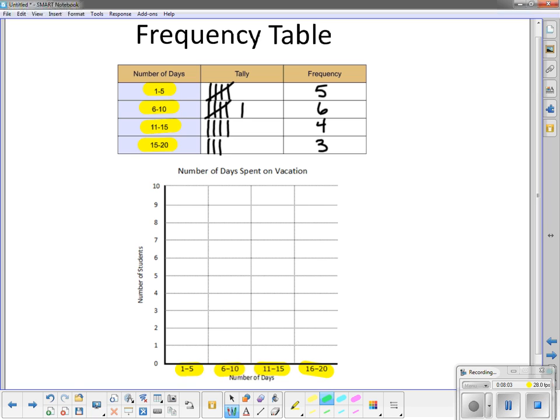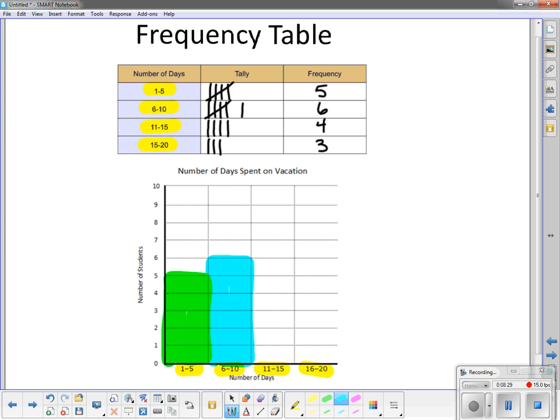So for the group 1 to 5, I had 5 students. So I'm going to draw my bar all the way up to 5. The second group, I had 6 students. So I'm going to draw the bar up to the 6. The next group, I had 4 students.